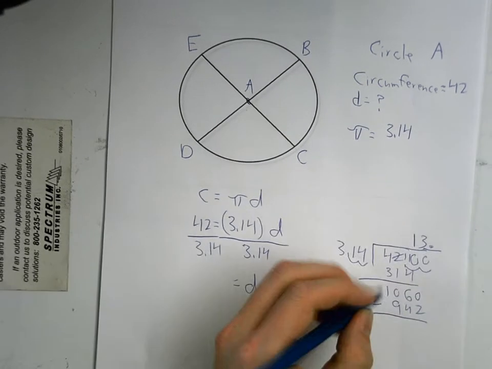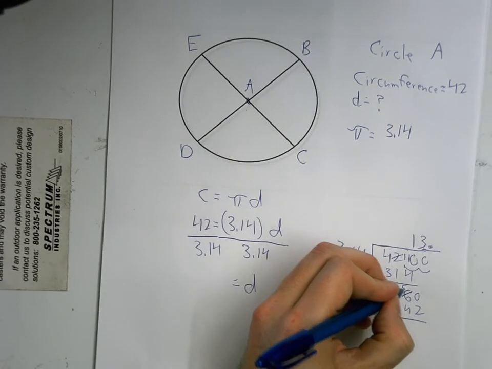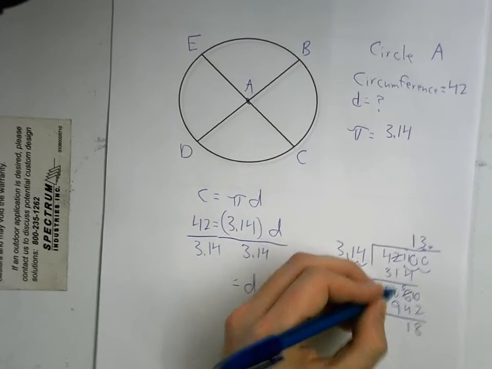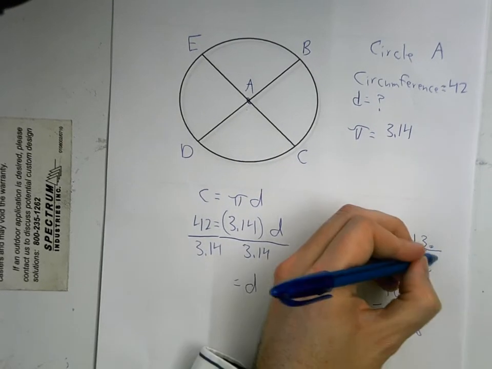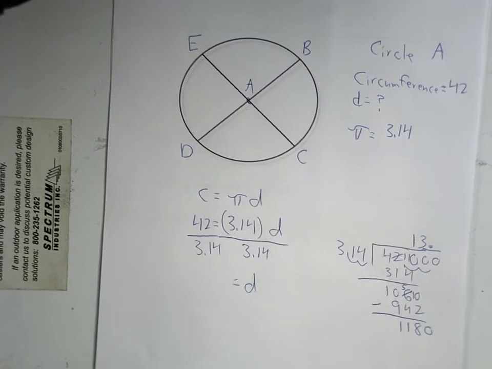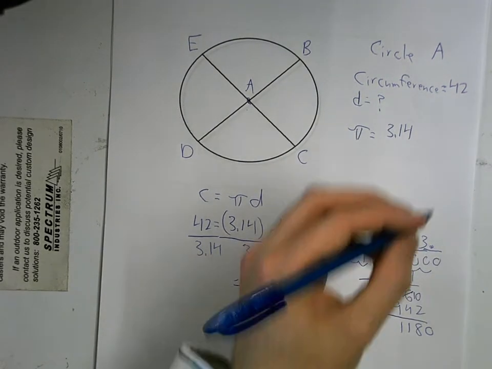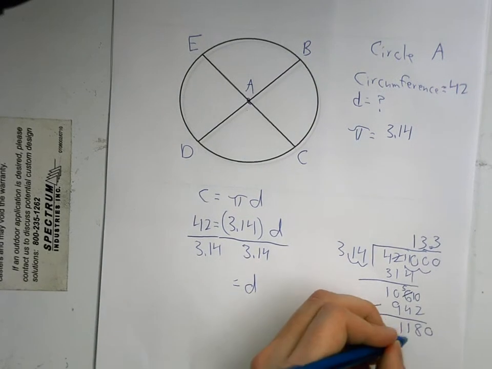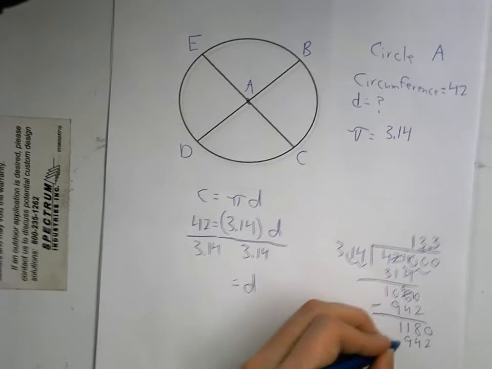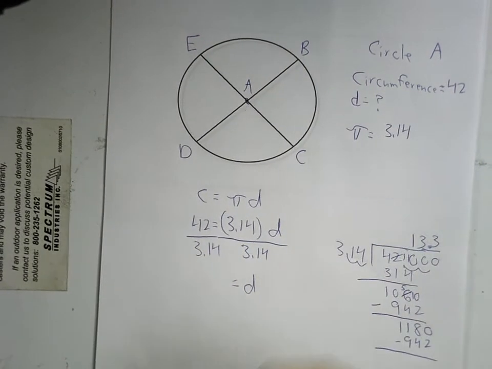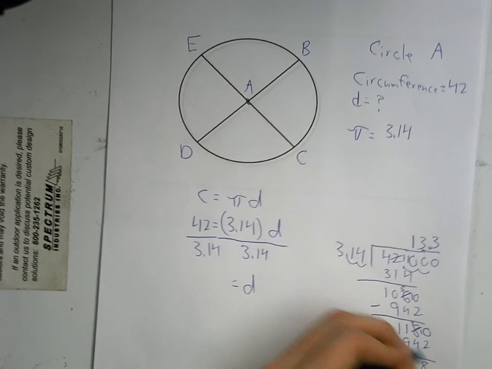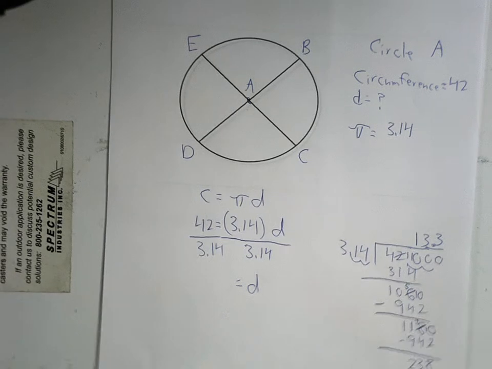Make that a 5. 10 take away 2 is 8. 5 take away 4 is 1. 10. And I got to put my 0 and bring it down here. And guess what? It's going to go into there 3 more times. And that's going to be 942 again. Make that a 7, a 10, that's an 8, a 3, and a 2.